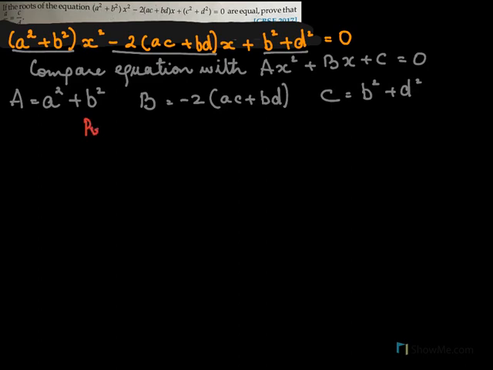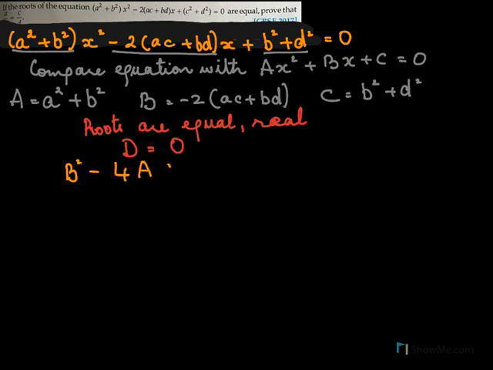It's given to us that the roots are equal and real, which means the discriminant equals 0, and we know the discriminant is b square minus 4ac, and that is equal to 0.